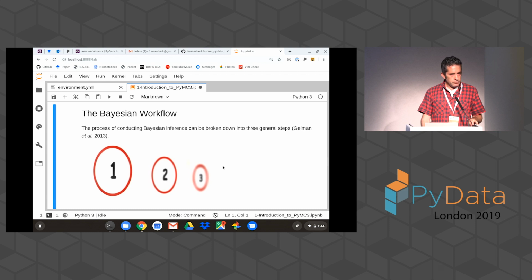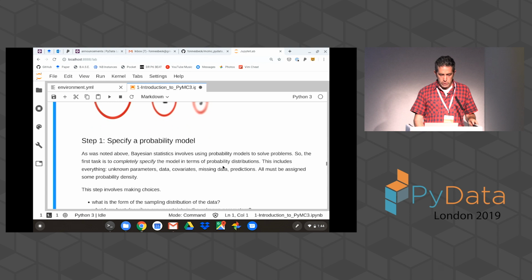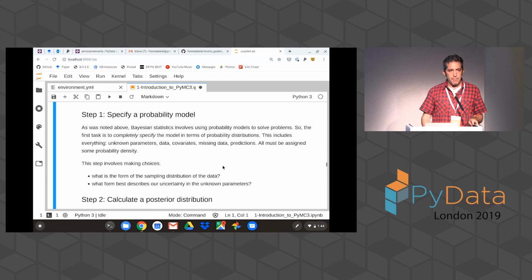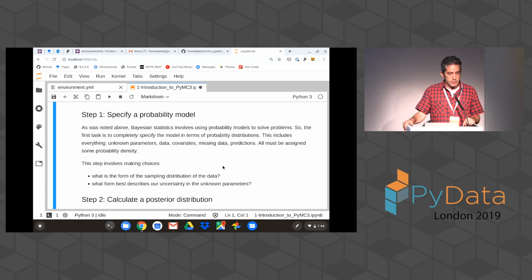Okay. All right, so what we're going to do is follow the Bayesian workflow. And the Bayesian workflow is really kind of a 3-step process. There's lots of sub-steps to each of them, but in general, what you do first is you specify a probability model, right? So Bayes formula that I showed you before, you want to put everything that you care about that's relevant to the problem at hand into that form.